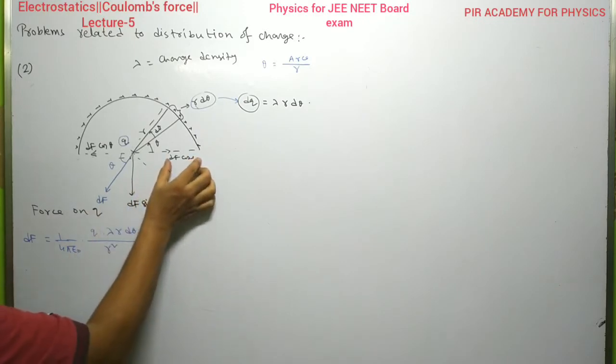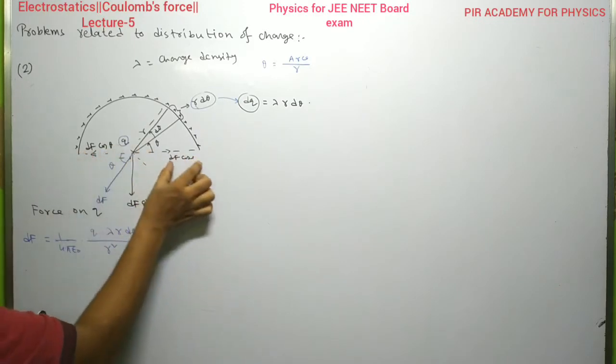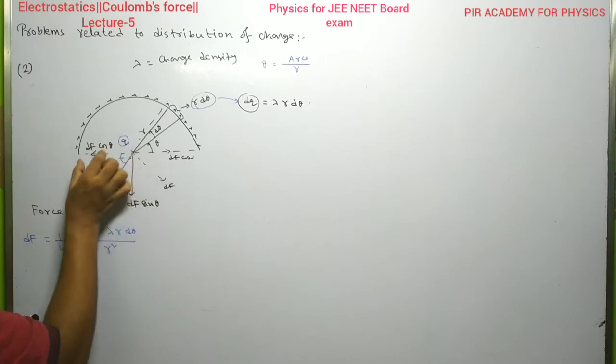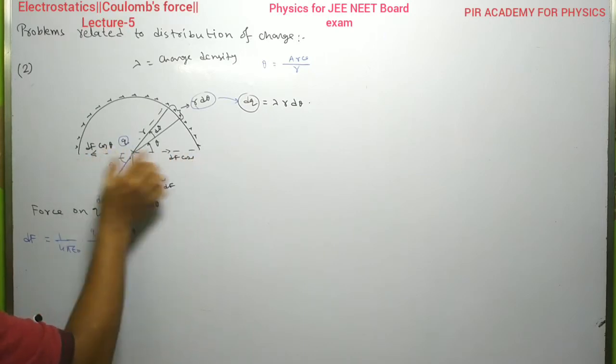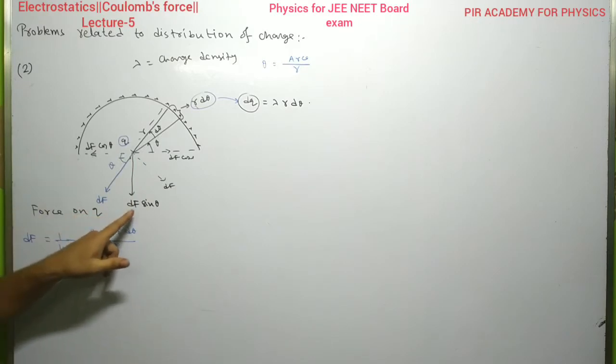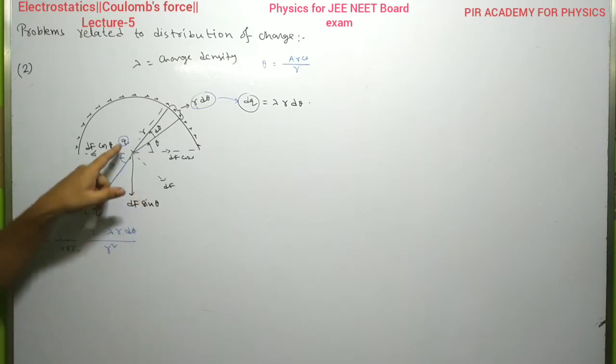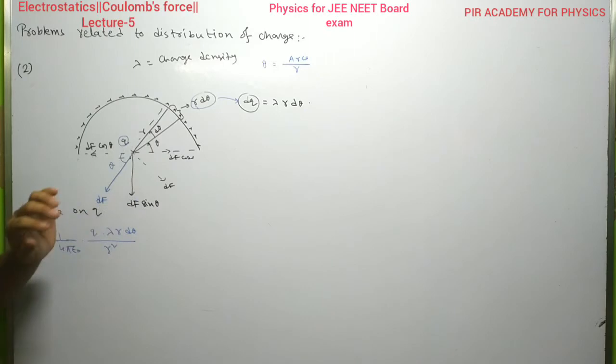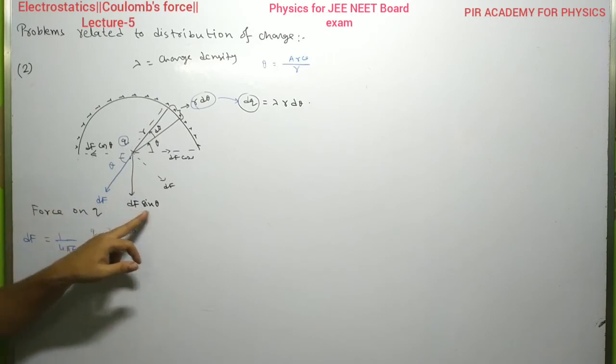The dF cos theta components cancel each other because they are opposite to each other, but the total net force on Q is from the sin theta component.